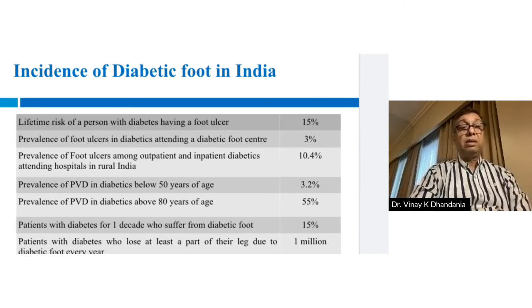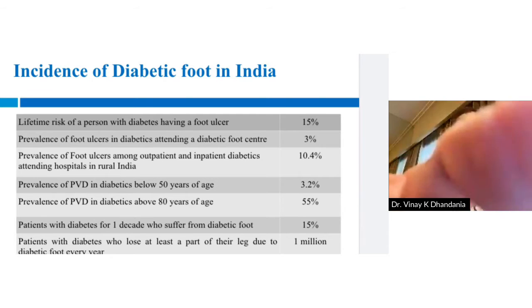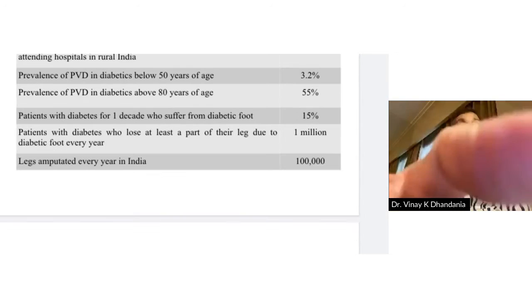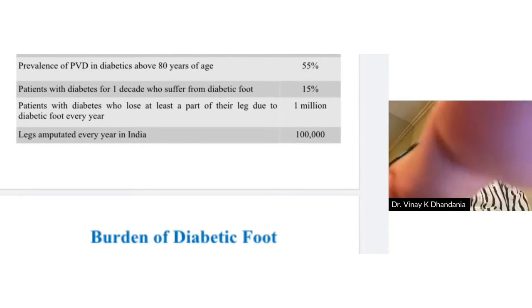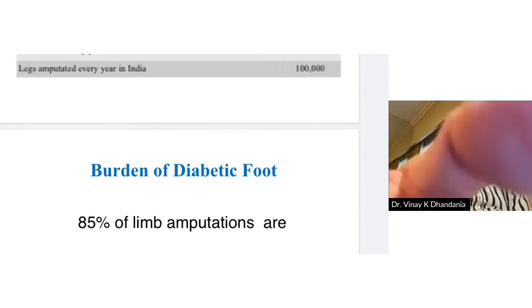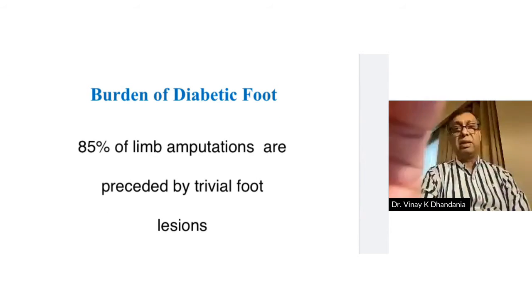Patients with type 2 diabetes for 1 decade who suffer from diabetic foot is almost 15%, and patients with diabetes who lose at least a part of their leg due to diabetic foot per year is 1 million. Legs amputated every year in India is 1 lakh. So you can understand it's a very huge problem in our country.